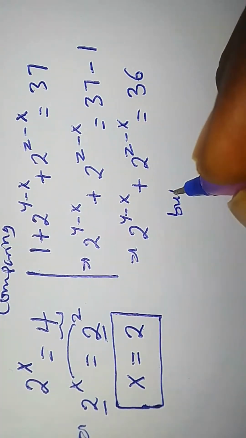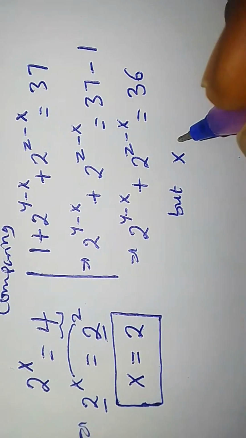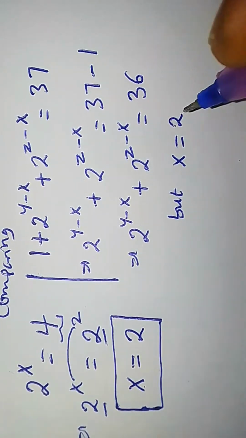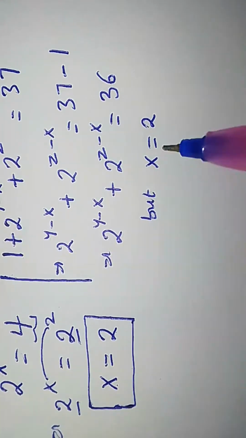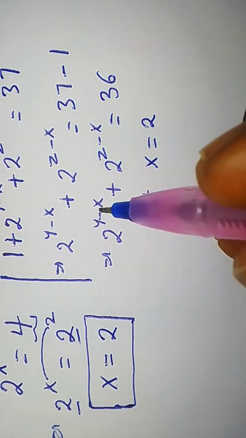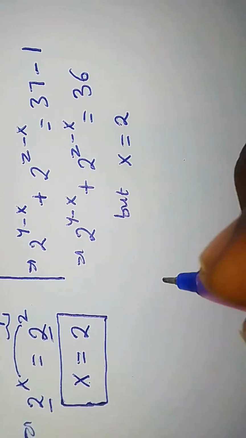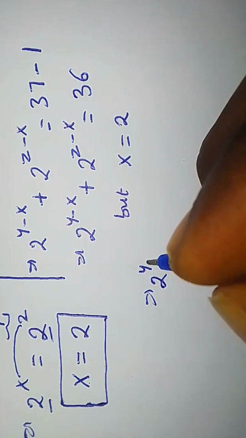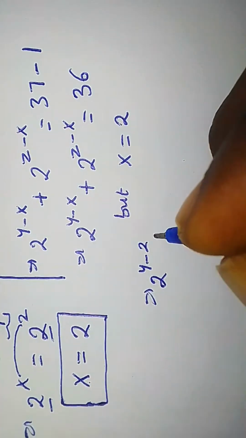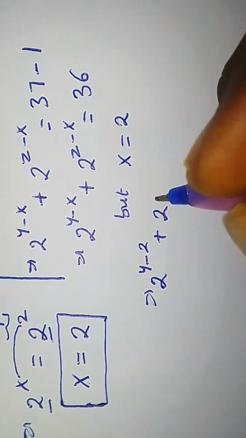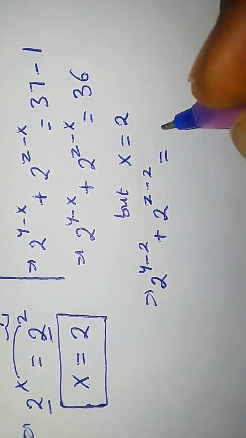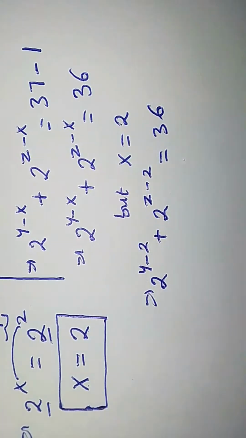But the value of x is equal to what? x is equal to 2. Let's just plug this value of x into this exponent. So we have 2^(y-2) plus 2^(z-2) equal to 36.